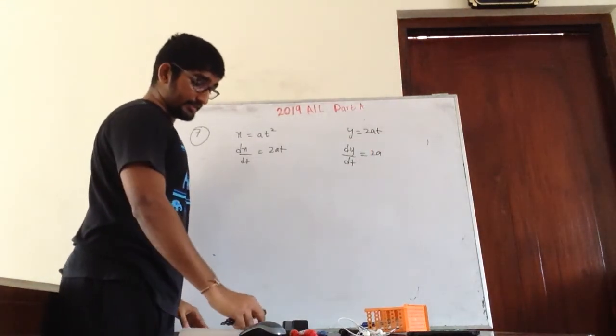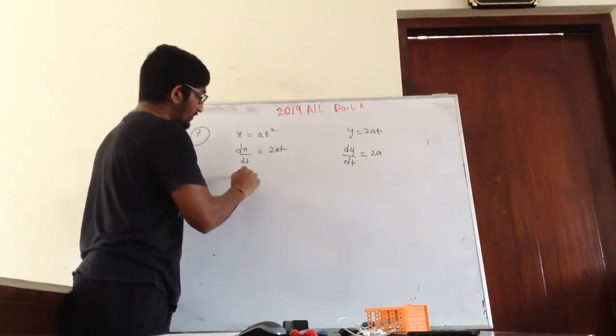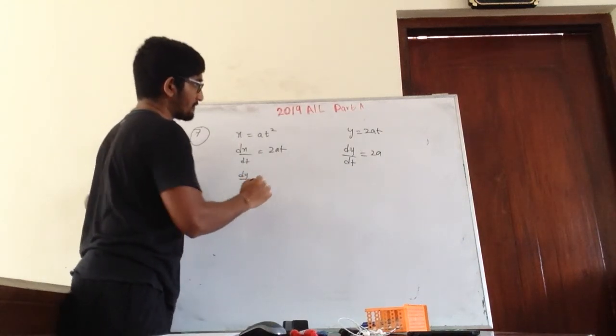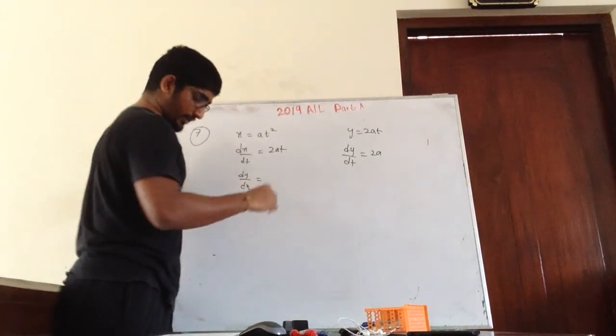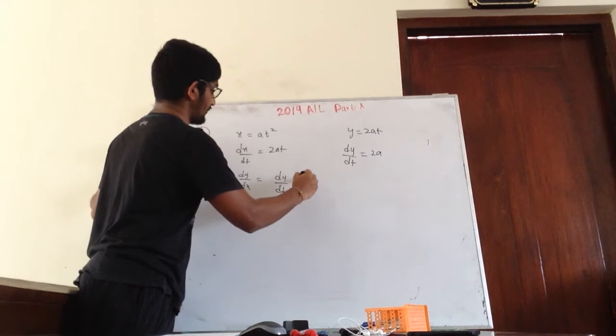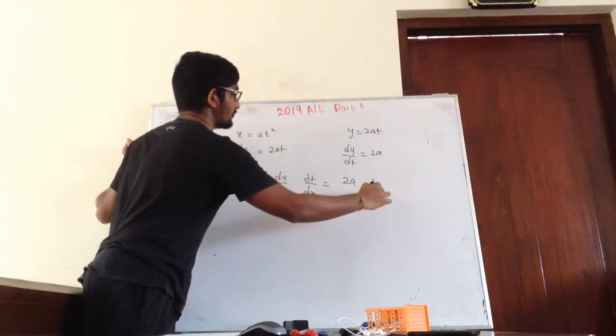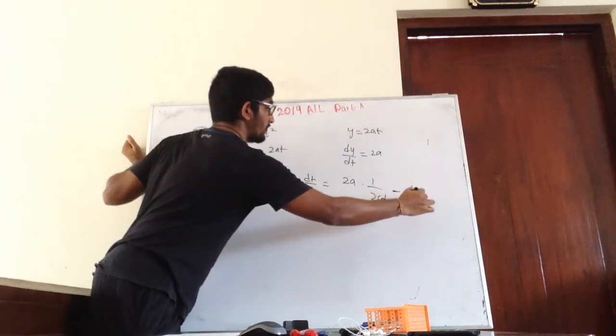So now here, I need dy over dx. dy over dx will be dy over dt times dt over dx, that means 2a into 1 over 2at, that is 1 over t.